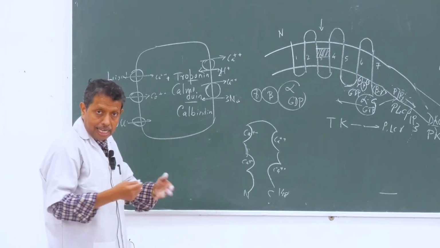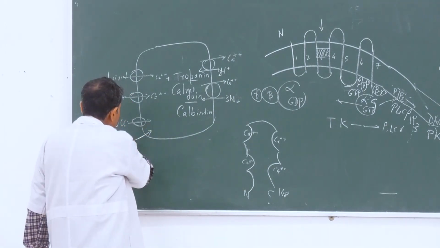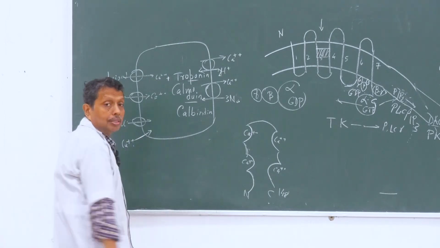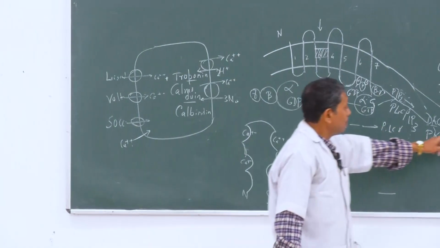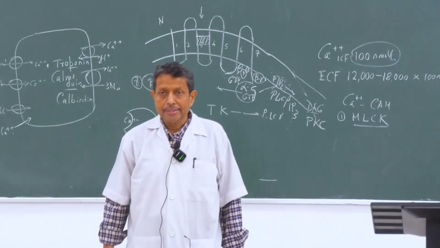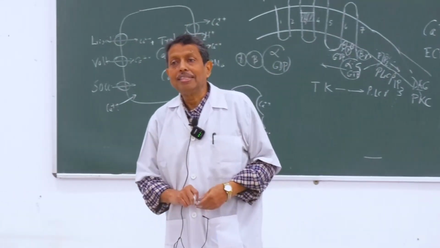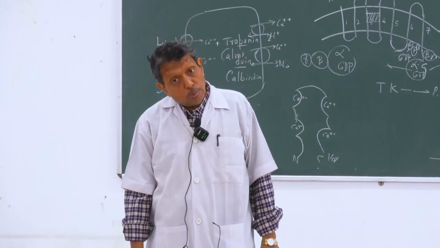When the cell is stressed or mechanically deformed, then calcium ion can enter. In case of smooth muscle, this calcium calmodulin complex activates myosin light chain kinase. And when this myosin is phosphorylated, then there is a contraction of the smooth muscle.